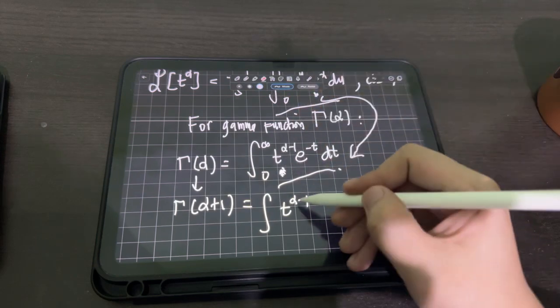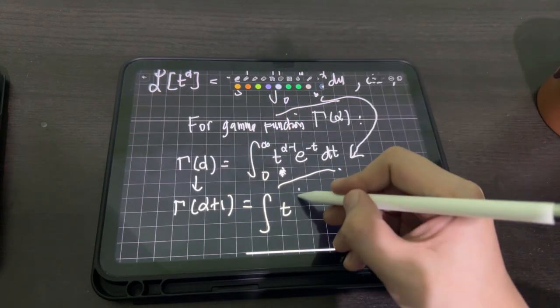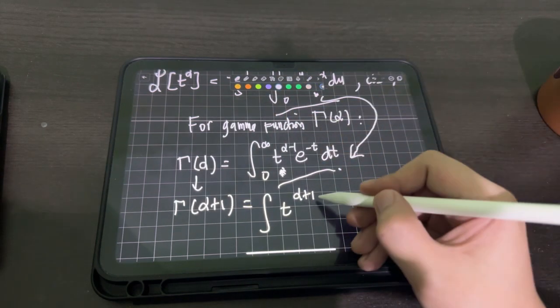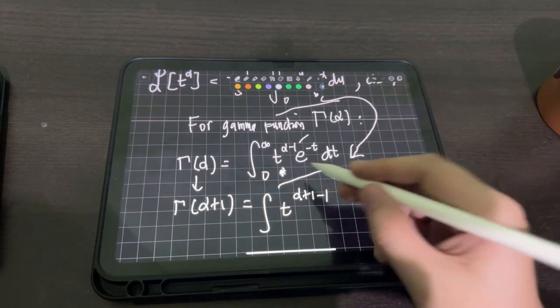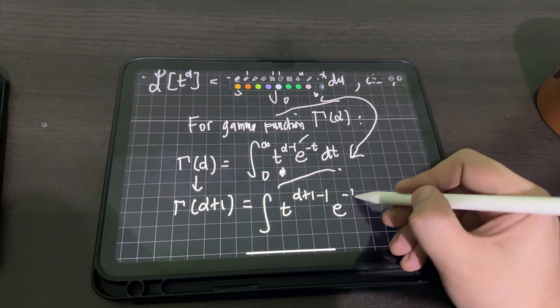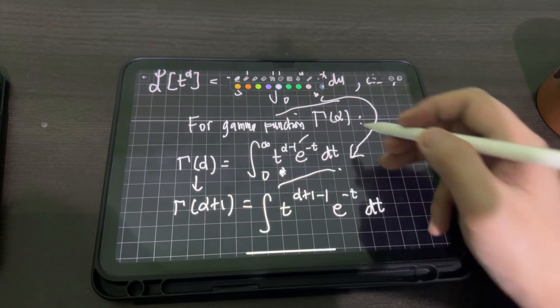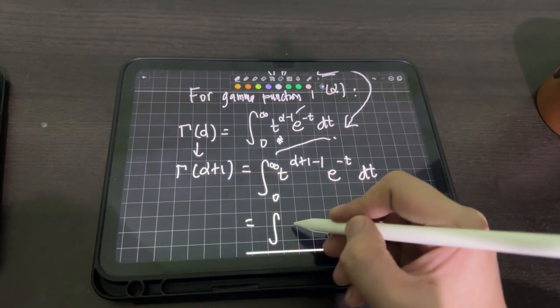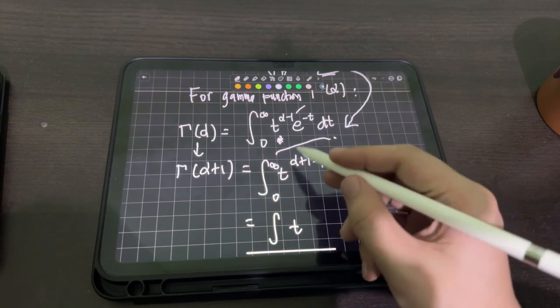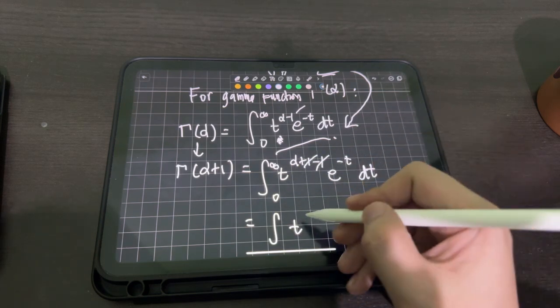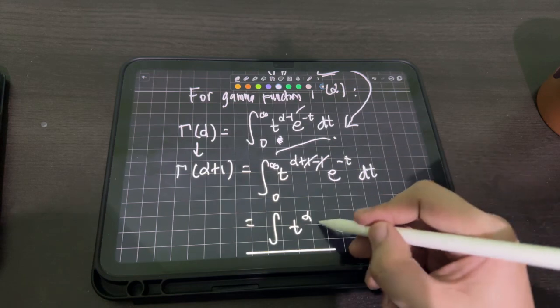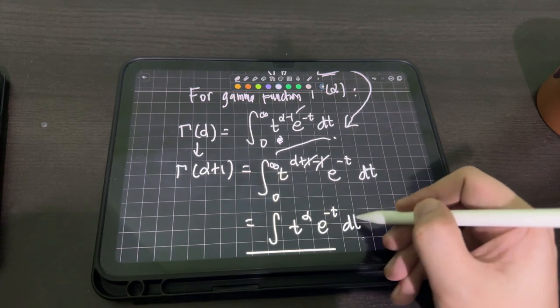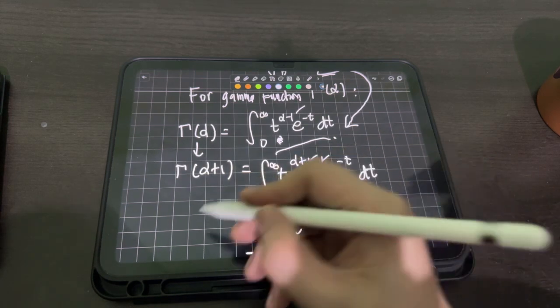So you should replace this alpha with alpha plus 1, then minus 1, then e to the negative t dt from 0 to infinity. Therefore, it's now equal to the integral of t, so cancel out the negative 1, t to the alpha e to the negative t dt from 0 to infinity.